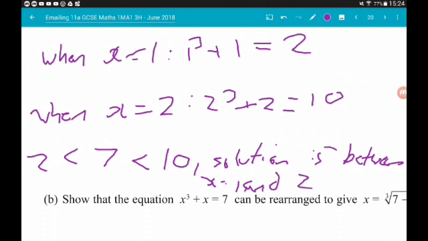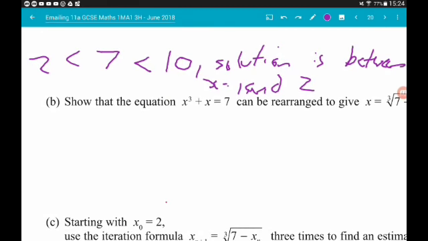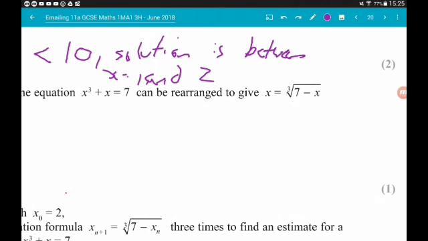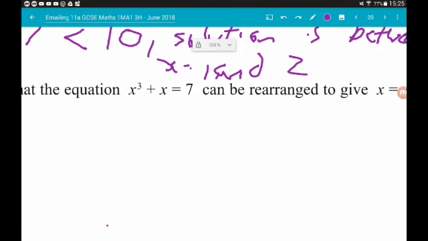Part B wants us to show that the equation x cubed add x equals 7 can be rearranged to give x is the cube root of 7 minus x. So, notice that we want the cube root on the right hand side.